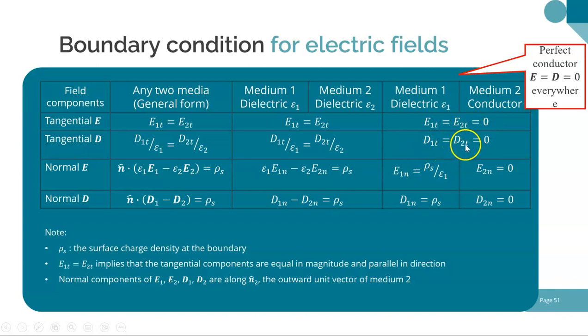D1T equals D2T equals 0 because your medium 2 is equal to 0, which makes everything equal to 0. So the only thing that you have to find out is the normal E of medium 1, and also the normal D of medium 1. So this will leave you with E1N equal to rho S over permittivity of 1, and D1N equal to rho S. So rho S here refers to the surface charge density.